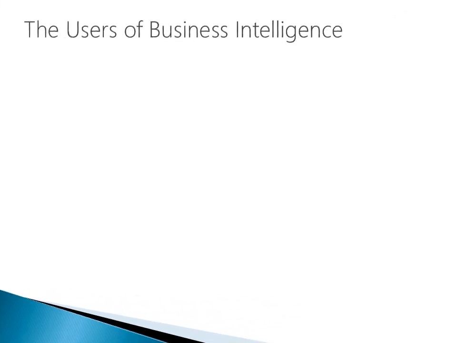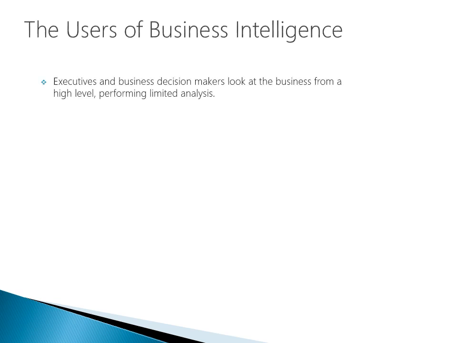I think it's important to touch on a topic that you can't really learn until you've experienced it, and that comes down to users of business intelligence. Executives and business decision makers, the C-suite, if you will, they look at the business from a high level, performing limited analysis.